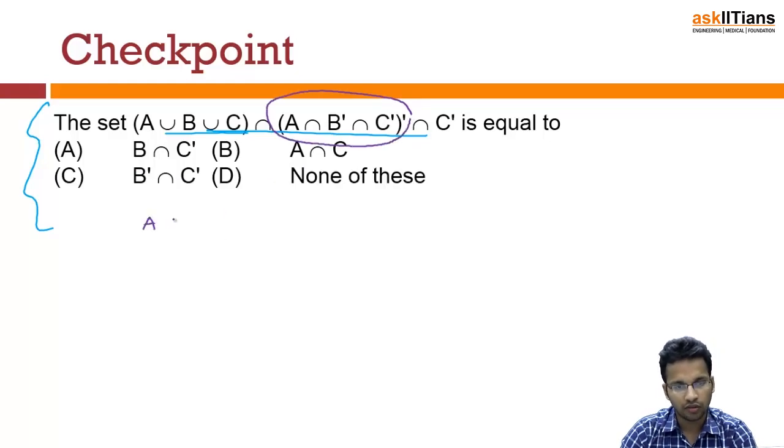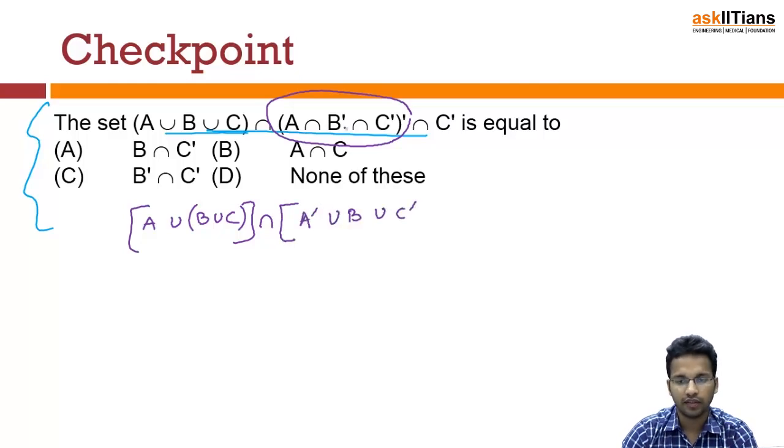So A union B union C, intersection, now this is again A complement union B. Now whatever things are there, like we have done, complement of complement is the set, C complement will be C, right? So what we are figuring out here is that this is the same, right?